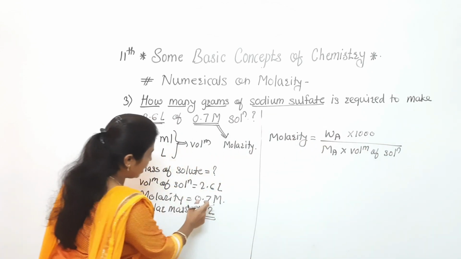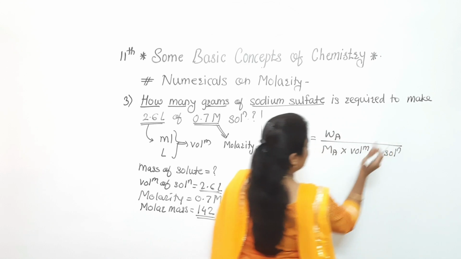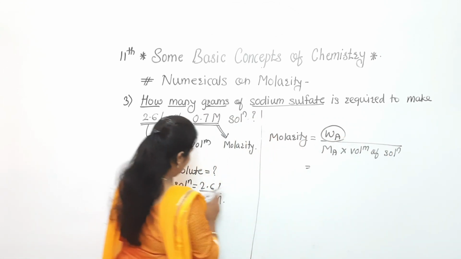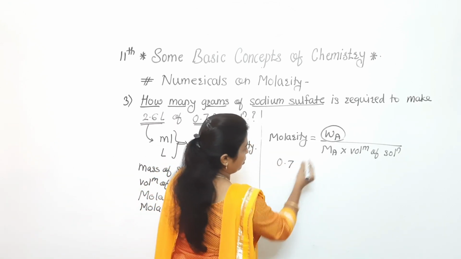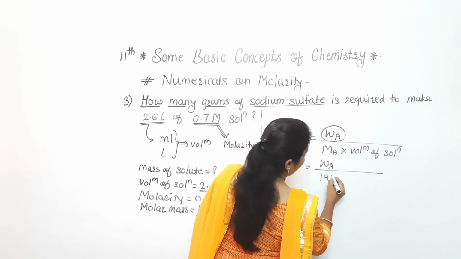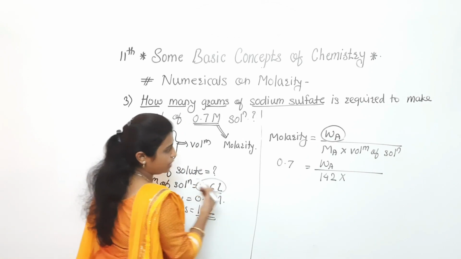Now see here, that volume is given in liter, so no need to multiply by 1000. So simply see here, Wa we have to find out. So molarity is 0.7. Wa will remain as it is. Ma is 142 into volume of solution is 2.6 liters.